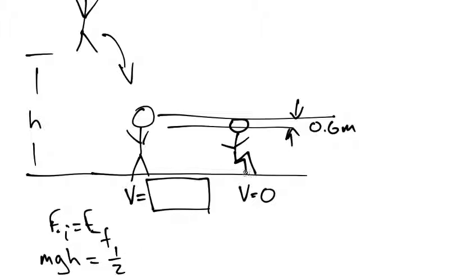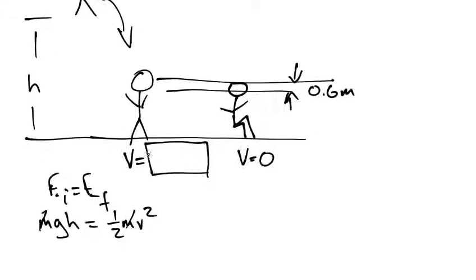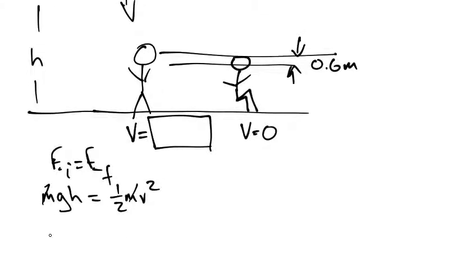This is not when they come to a stop. This is just when they're touching the ground. So the m's cancel out and take the 2 up there, and so the final answer is v equals the square root of 2gh.